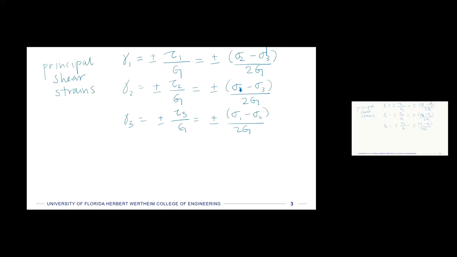Can you explain why for tau 1 it's sigma 2 minus sigma 3, even though it would be larger if it was sigma 1 minus sigma 3? Give me 1 second.